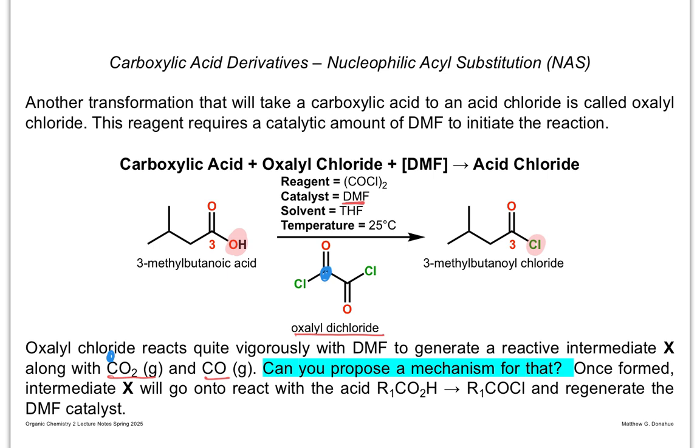And then the other one in green forms the carbon monoxide. So that reagent essentially decomposes. So it's transformed into other stuff that goes away, but the DMF still remains. It's catalytic, which means we invoke it in the mechanism, it does something, and then it returns to DMF.